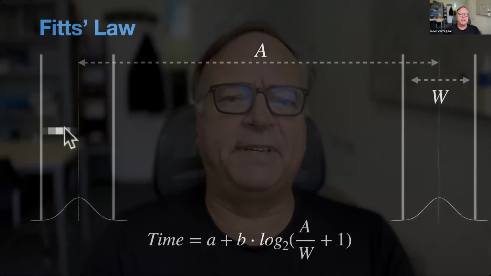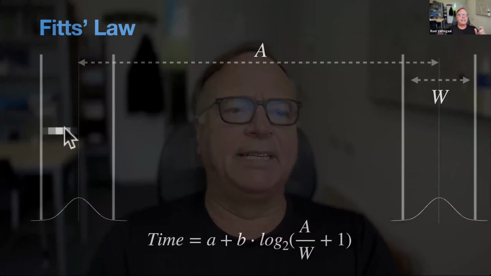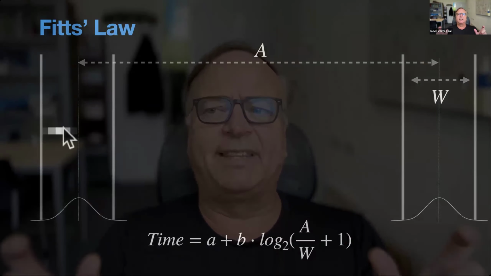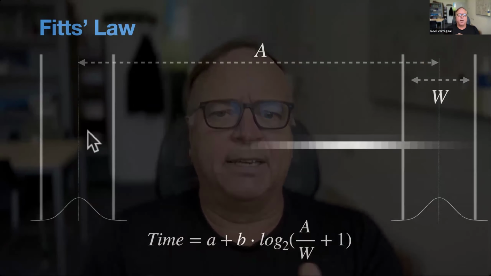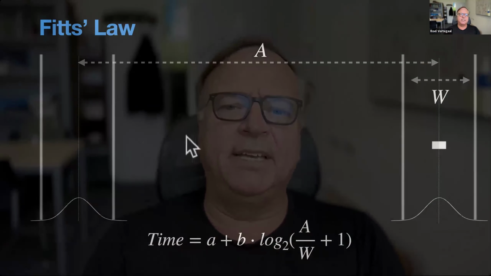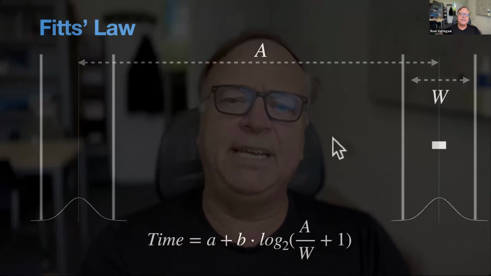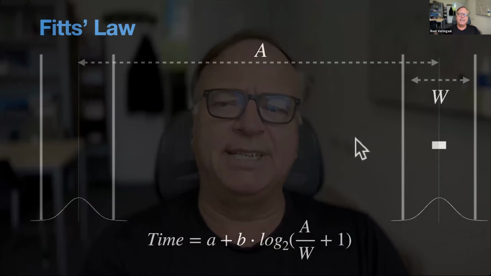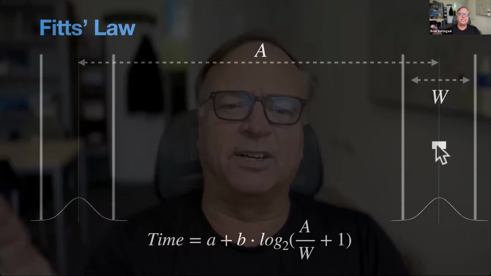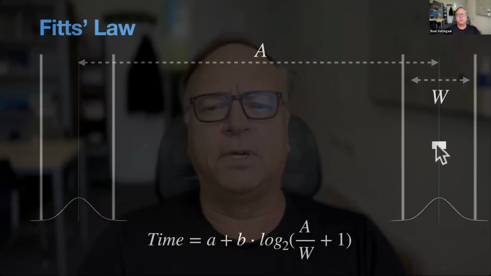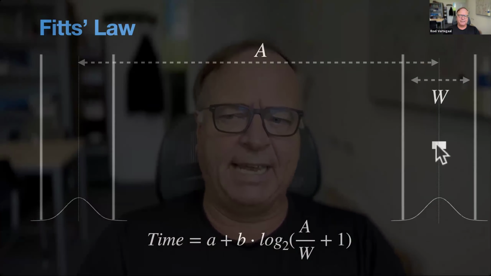So this is what a Fitts law experiment looks like. You're basically clicking between two targets of a width W and an amplitude A apart. And what we're seeing here is that the posterior uncertainty here is actually expressed in the velocity of the cursor here. You see that as a little normal distribution that is indicating the velocity there.